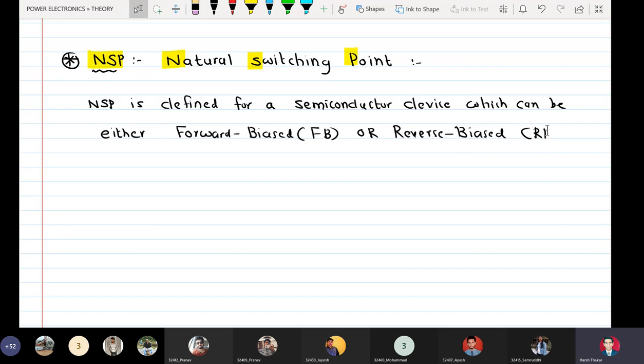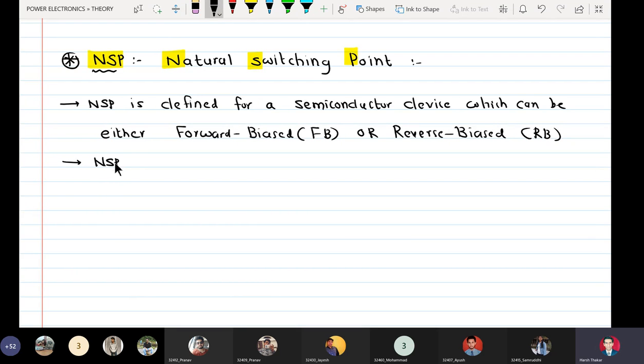That means what? We cannot define NSP for devices like BJT and MOSFET because there is nothing called as forward biasing a BJT or reverse biasing a MOSFET. So I repeat, natural switching point is defined for a semiconductor device which can either be forward biased or reverse biased. That means NSP is not defined for BJTs and MOSFETs.